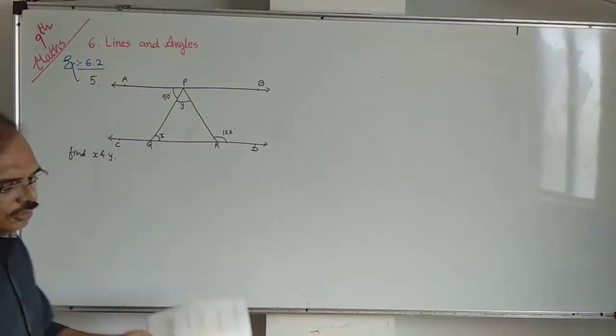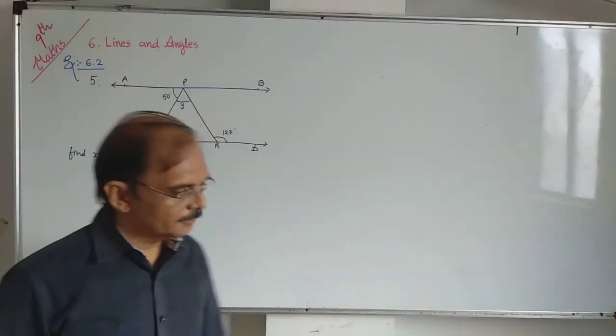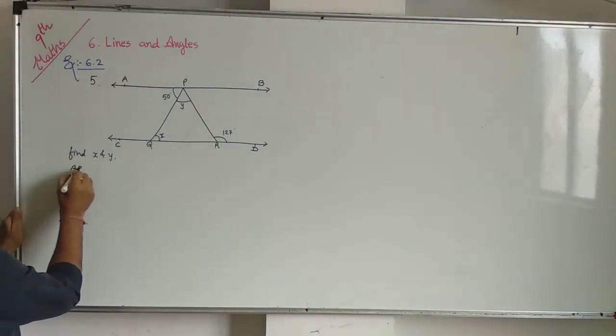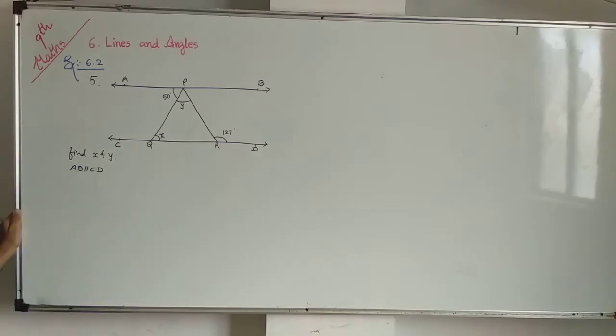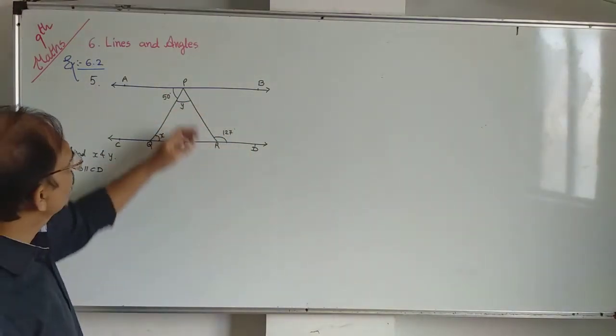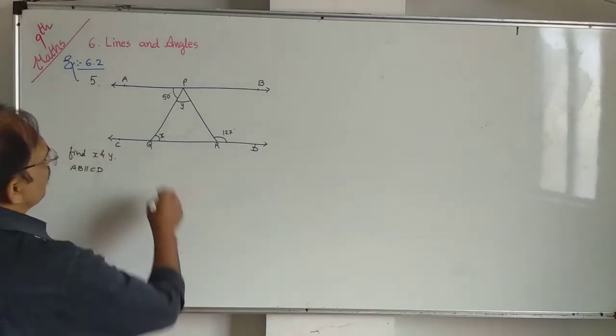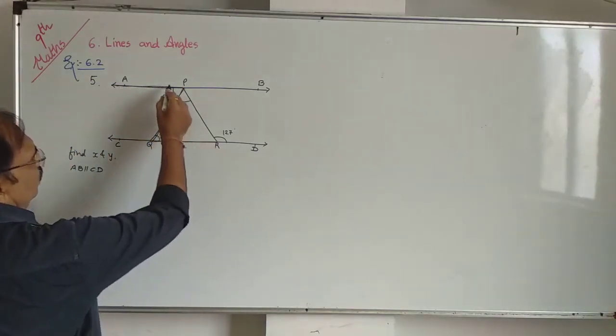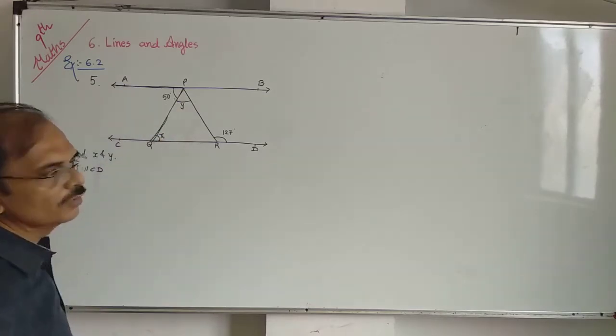AB parallel to CD is given. See the diagram. If AB is parallel to CD and PQ is its transversal, then it forms a Z. So 50 and X is also 50.